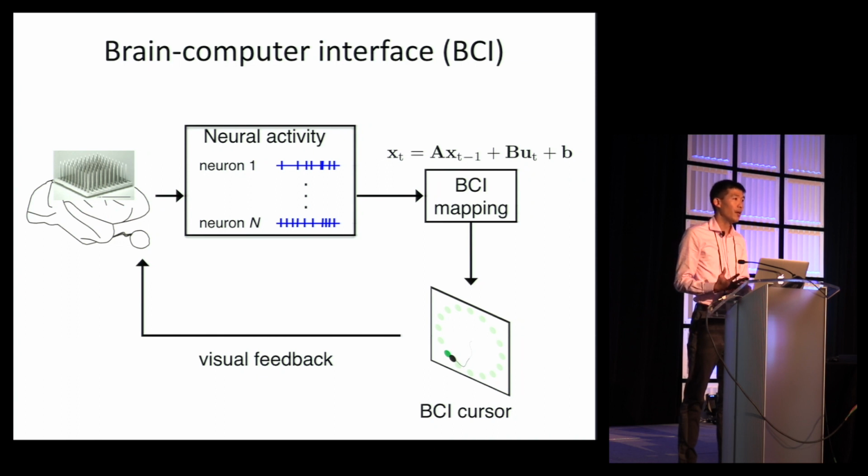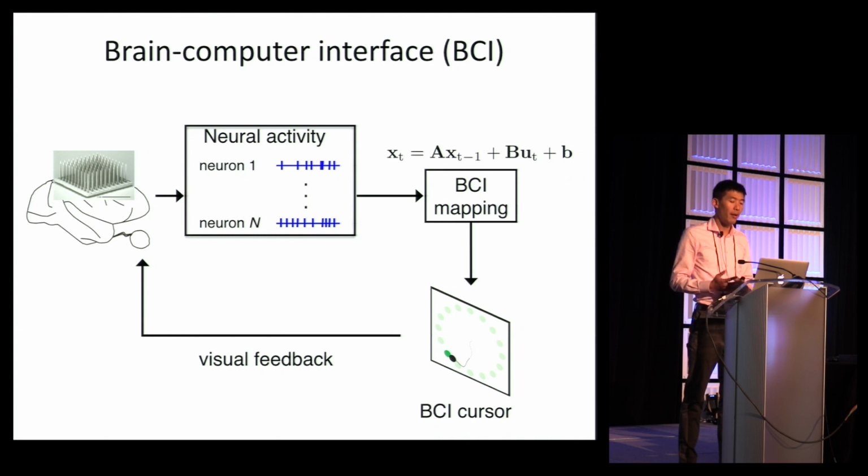How a brain-computer interface works is we record neural activity from a population of neurons, and then we map the activity of these neurons to a cursor moving on a computer screen. Here I've shown an equation that represents what we use.